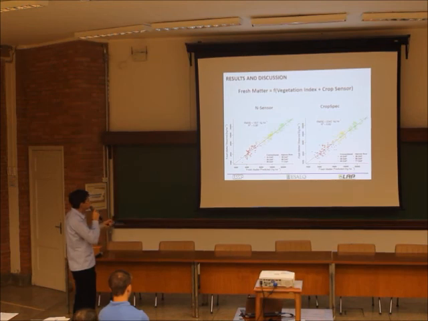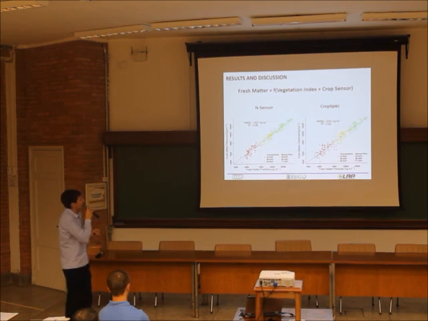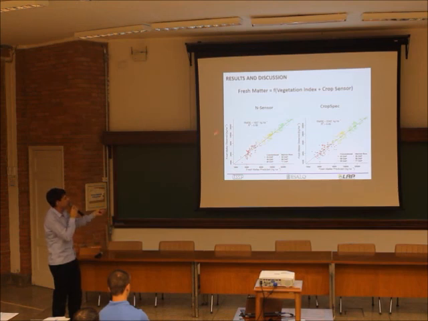And these are the correlations between the sensor readings and the fresh matter. Here again we had an interaction between the different systems, the row spacing, but we already considered it, and we put in the graphs the predicted value and the observed value considering this interaction.